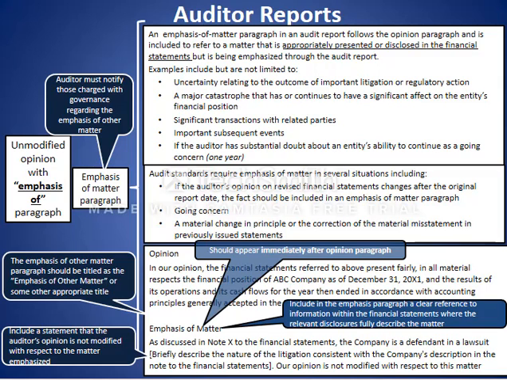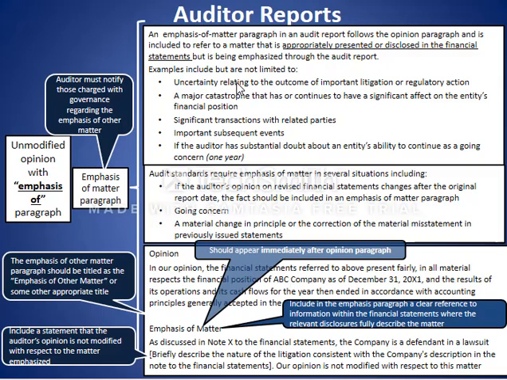And lastly, if the auditor has substantial doubt about the entity's ability to continue as a going concern. So these are examples. These are not the only examples, but I just wanted to point some of them out.